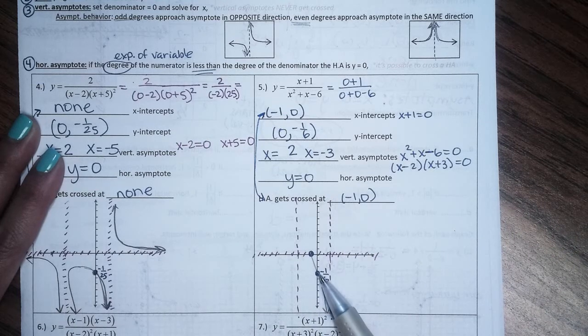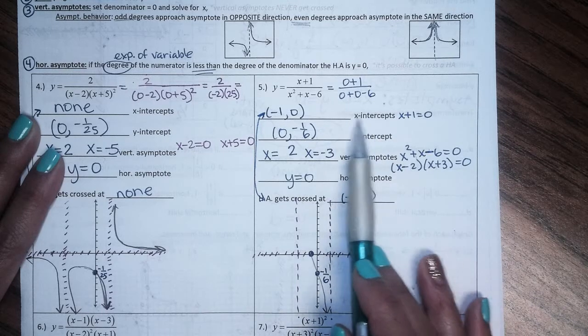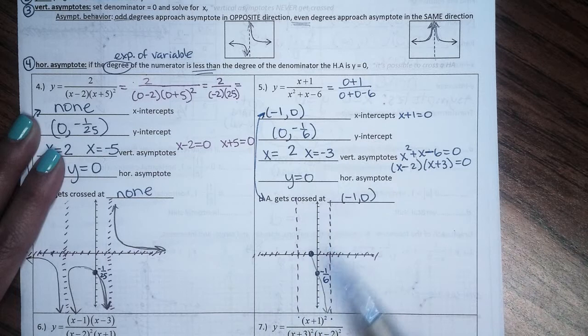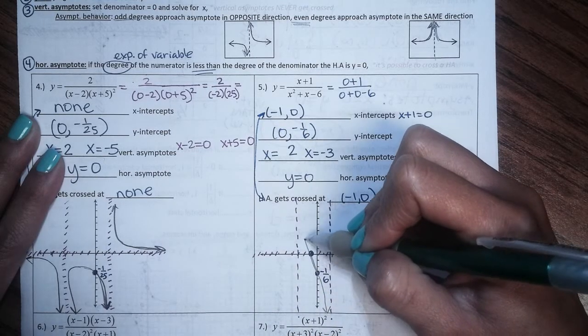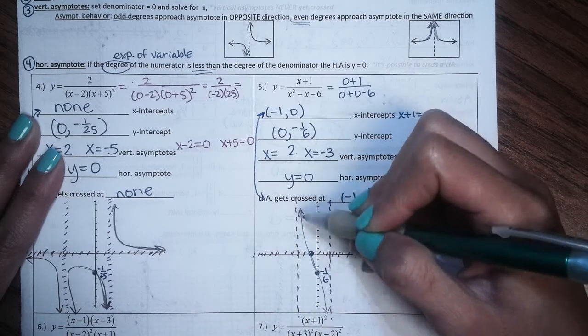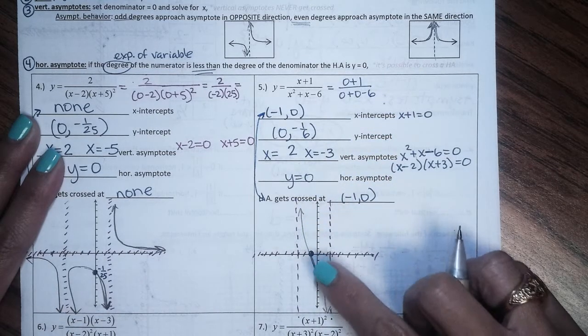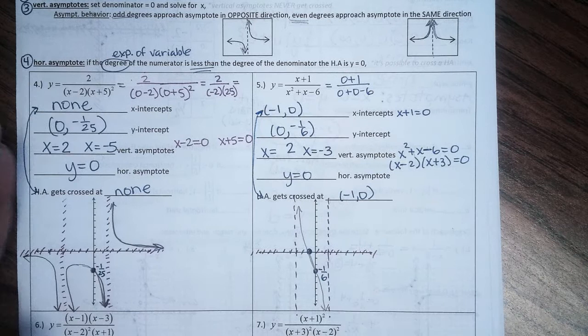It can't approach it going up, because then you would cross the x-axis again over here at a positive value, but there aren't any other x-intercepts. So then it has to go down. The other graph over here is just going to cross and go up. I'll have to show you why on Wednesday, but trust me, it's going to go up.